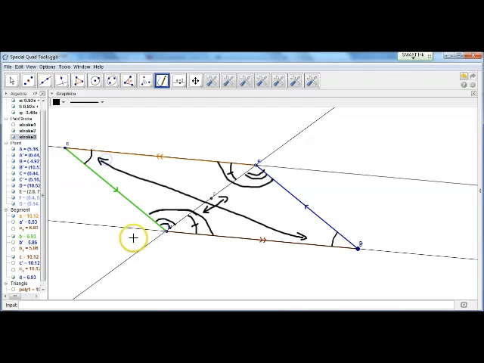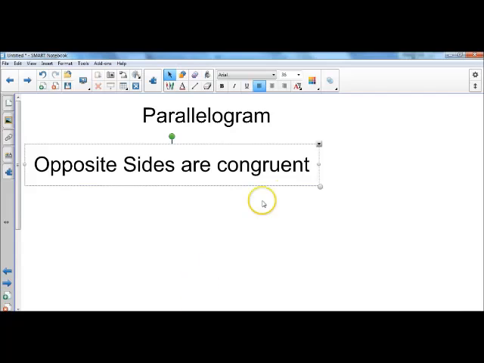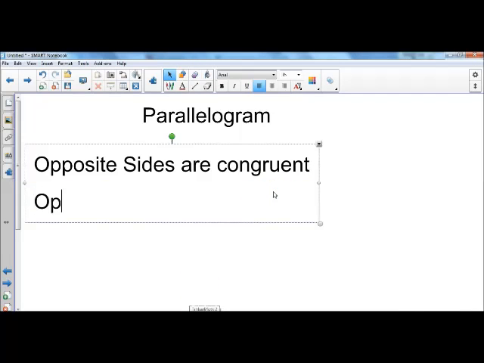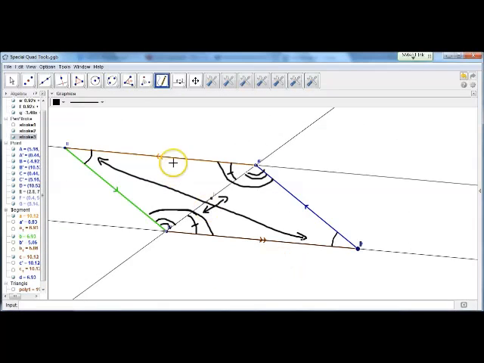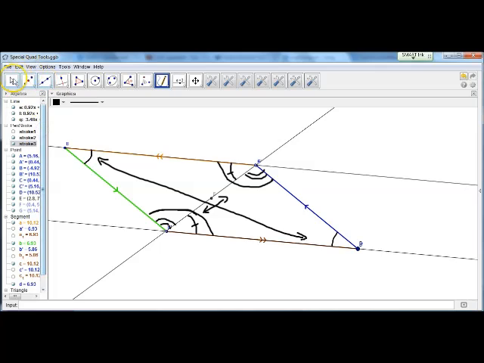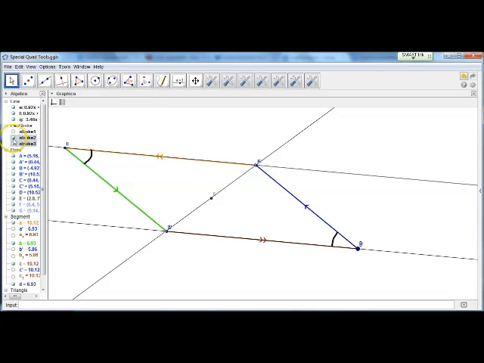Across implies opposite. So what we're going to say in our properties is that opposite sides are congruent. Not only that, but opposite angles are congruent. Okay? What else can we reason with parallelograms here? I'm going to get rid of my pen strokes for now. I'll just hide them.